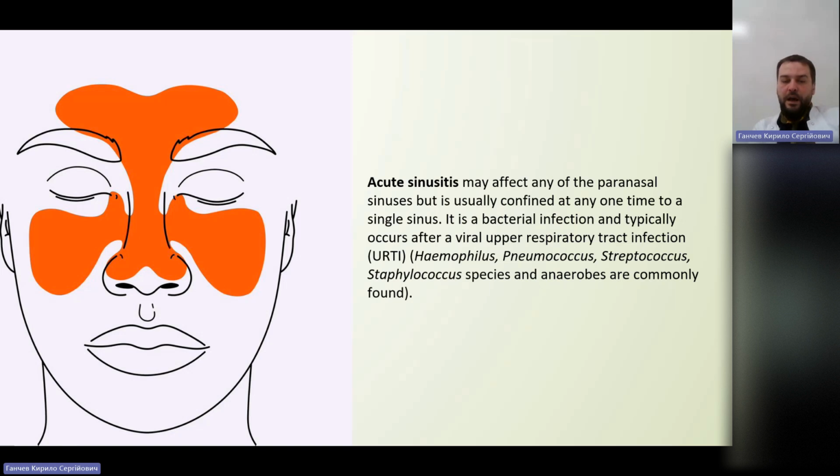And we have very typical guys here. It's Haemophilus, Pneumococcus, Streptococcus, Staphylococcus species, and anaerobes are commonly found, as they are always found, because we have a very typical infection here. So we have all those species normally, okay?